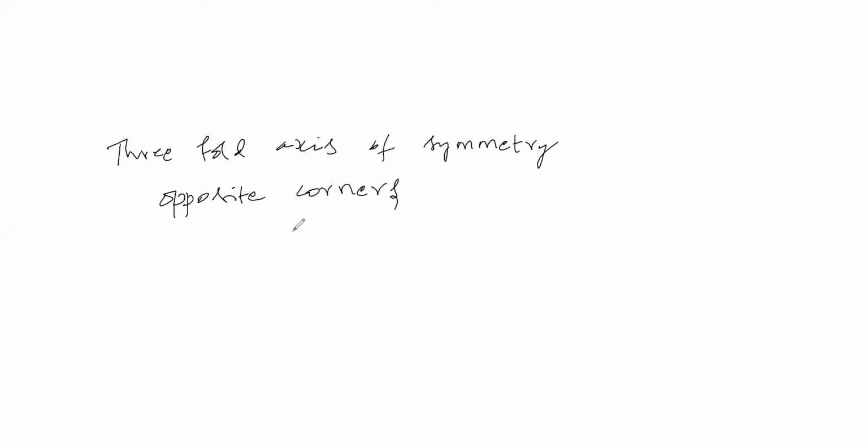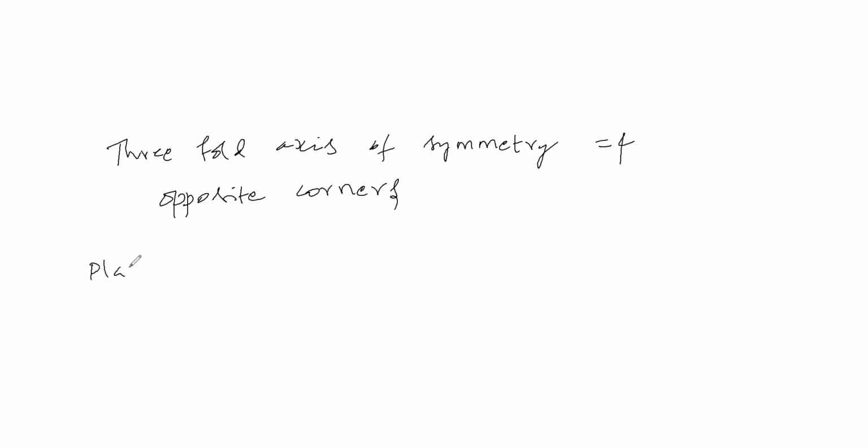Totally, how many corners are possible for a cube? You see. So how many opposite corners you see? The axis passing through opposite corners is called a threefold axis of symmetry. So how many threefold axes of symmetry means 4.